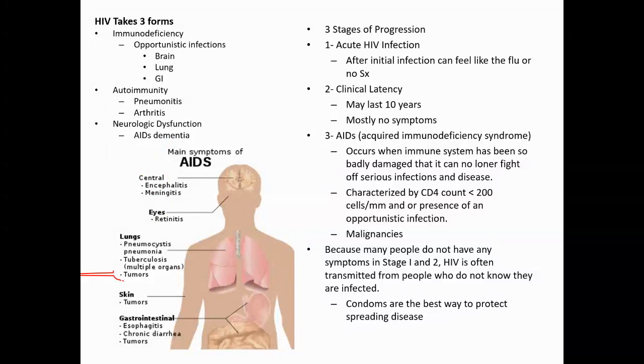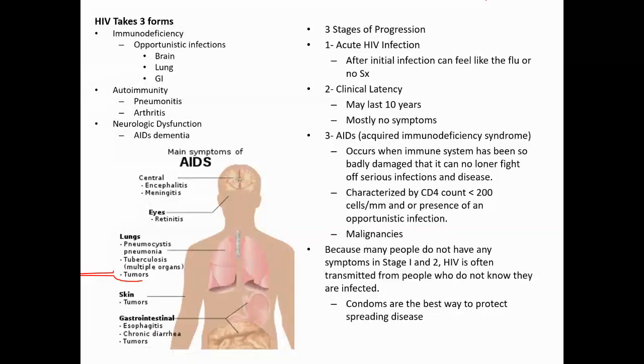So just some other main symptoms of AIDS: the brain, eyes, lungs. They get tumors on their skin because they don't have an immune system. And then GI, they get a lot of diarrhea, esophagitis, tumors in their gastrointestinal tract.